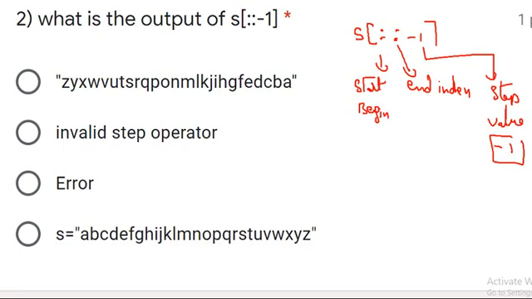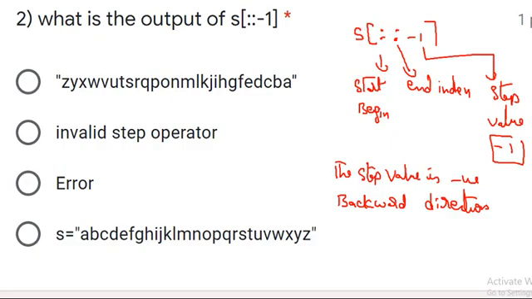What is the step value? It is negative. Negative indicates backward direction. You can also call it a negative direction.